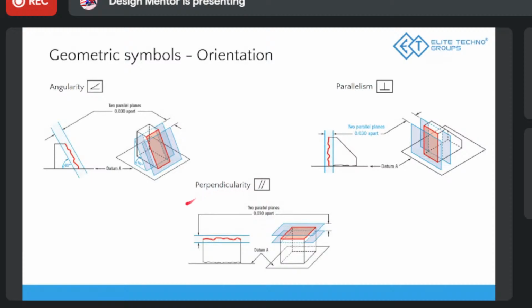In a similar way, in parallelism, the surface should be parallel to whatever other surface we assign. If we take this bottom surface, it should first of all be parallel to that, and we draw those two lines where it should not go outside those two lines or surfaces.